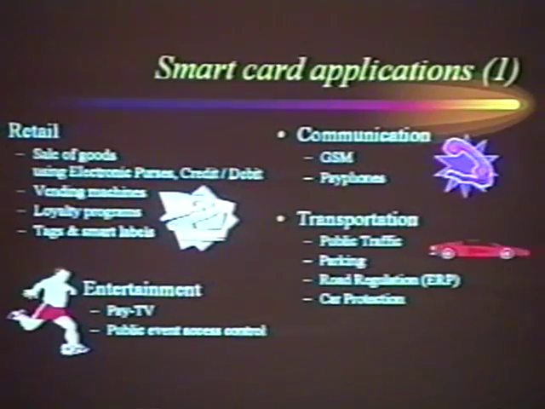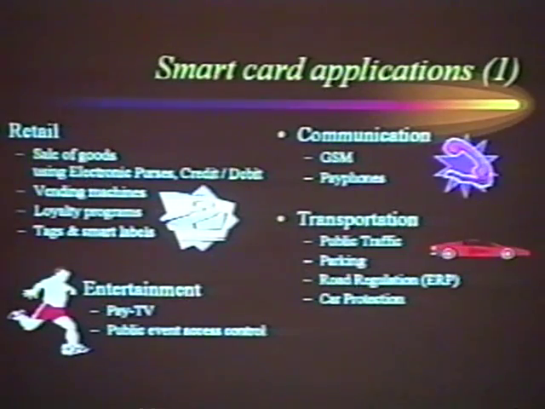It's not like that everybody does have a GSM phone, but some people tend to change their phones or their provider regularly. Another application is retail. Things like vending machines, loyalty programs. In the Netherlands, electronic purses have been used for a couple of years, but it's not really very popular.